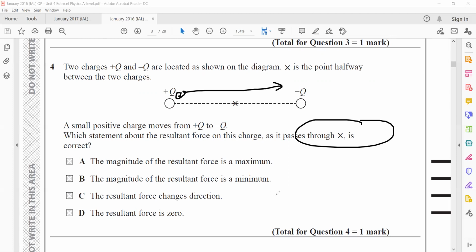These are not two parallel plates, these are the charges. So which statement is correct here?